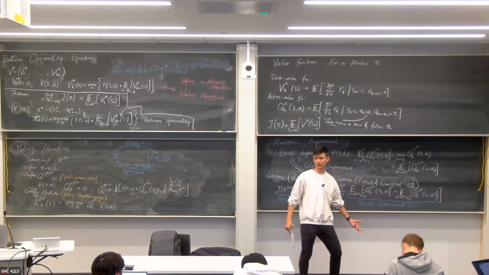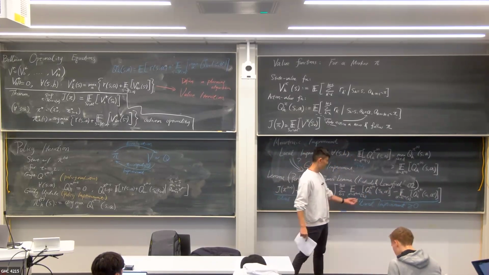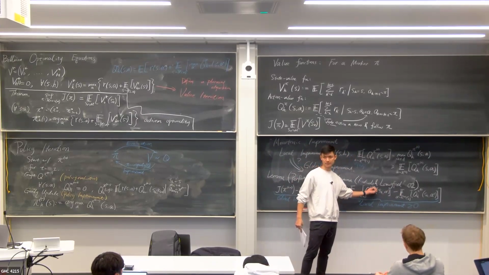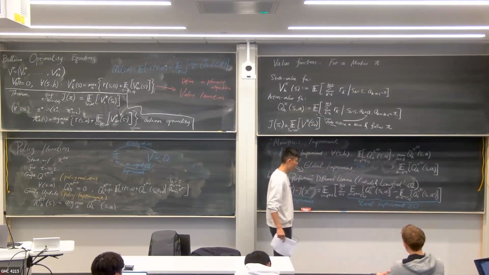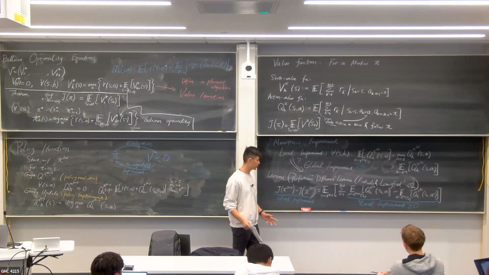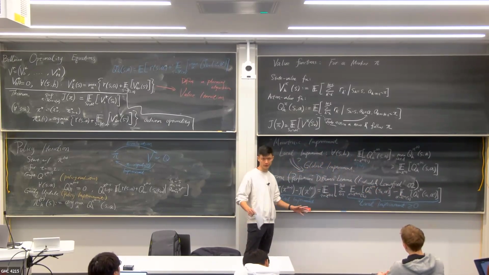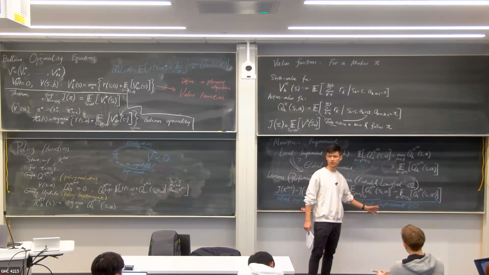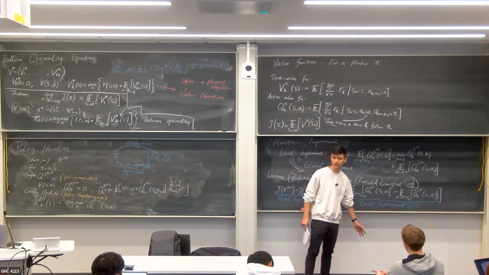Greedy is always better, because I'm making a greedy choice based on this q of pi t. Okay. It turns out the total improvement you get globally is just the sum of all these things. So a sum over all these local improvements.